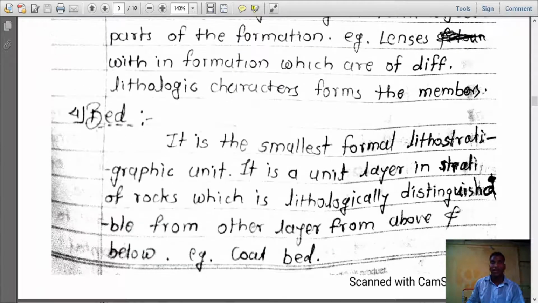Then bed. It is the smallest formal lithostratigraphic unit. It is a unit layer in strata of rocks which is lithologically distinguishable from other layers above and below, example coal bed.